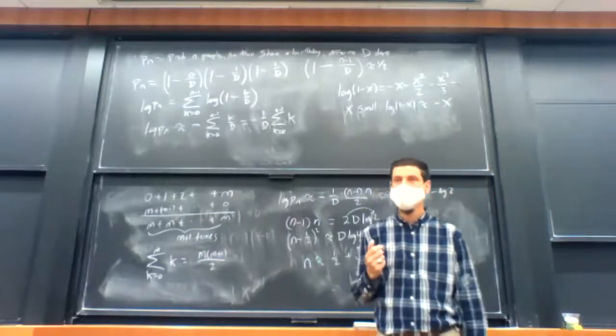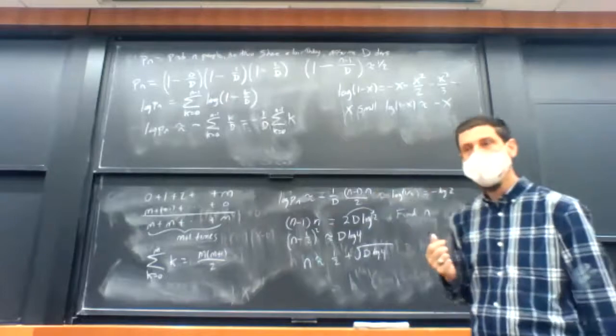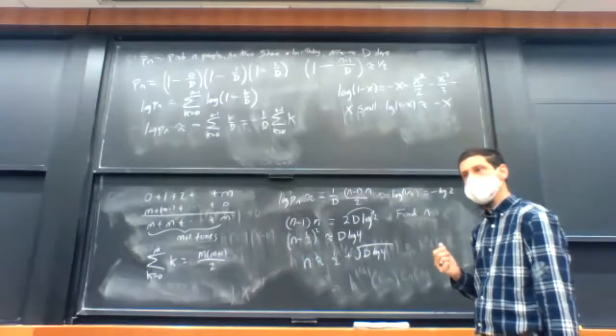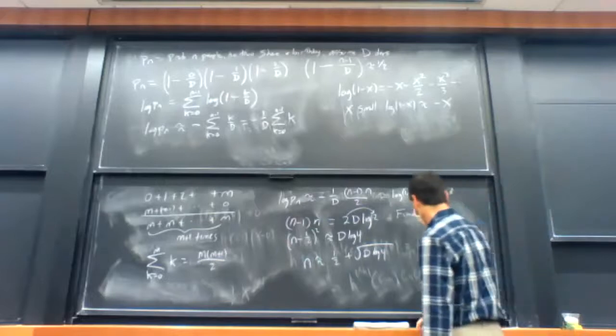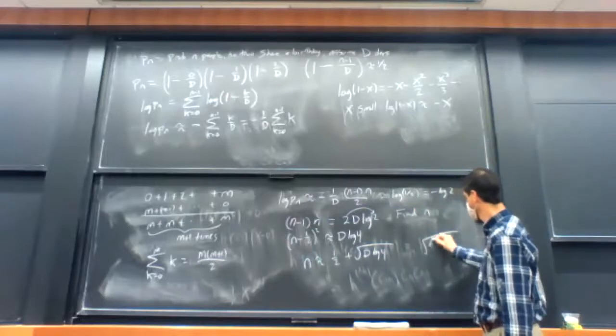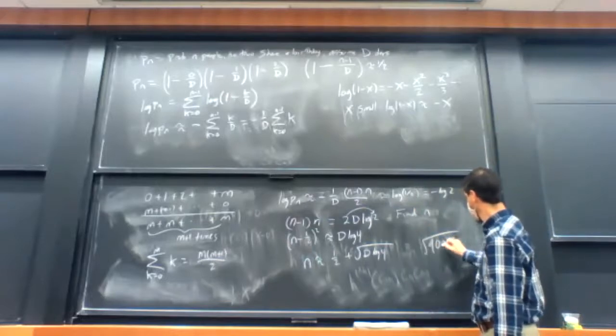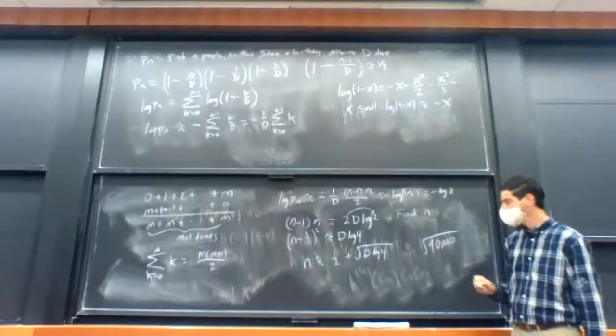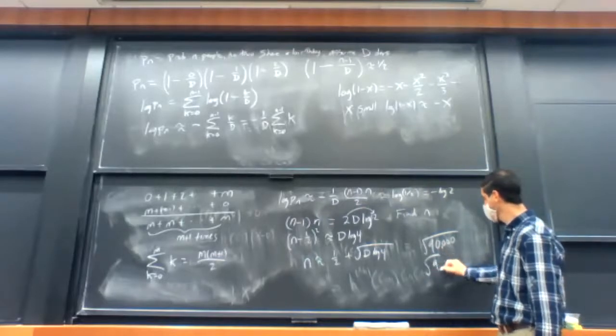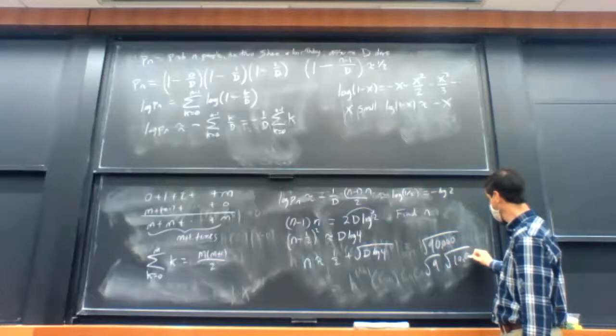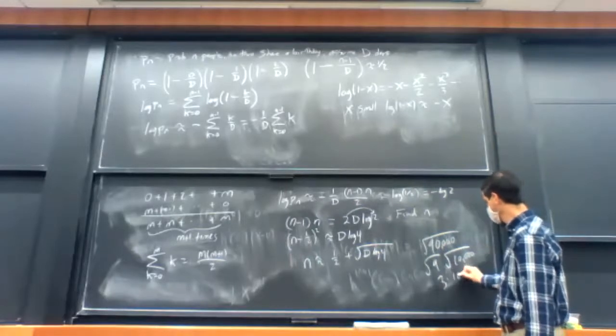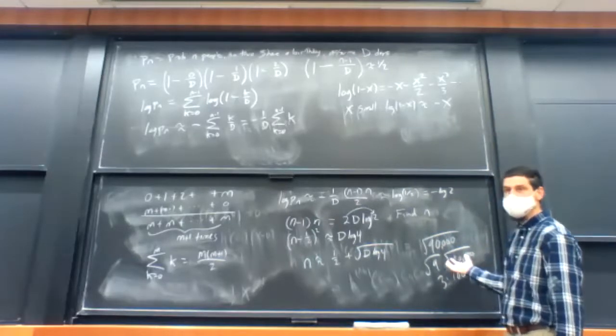Right? Anybody know roughly what the square root of 90,000 is? Yeah, so this is the same thing as the square root of 9 times the square root of 10,000. So it would be 3 times 100. So that would be 300.